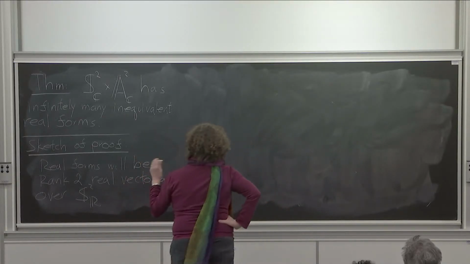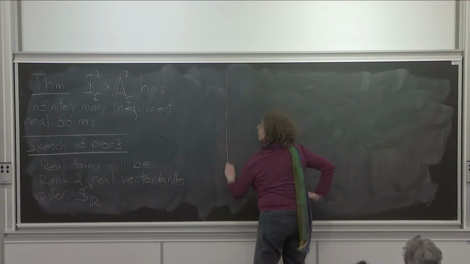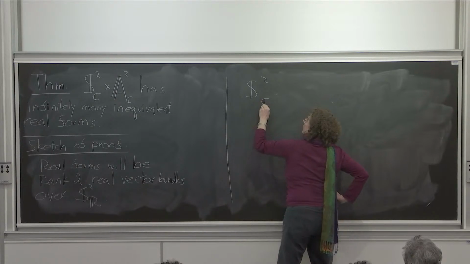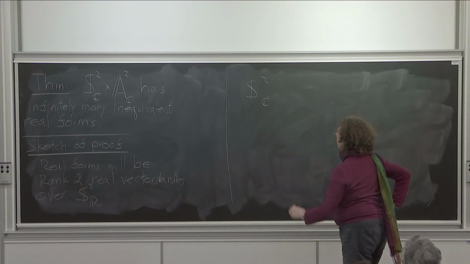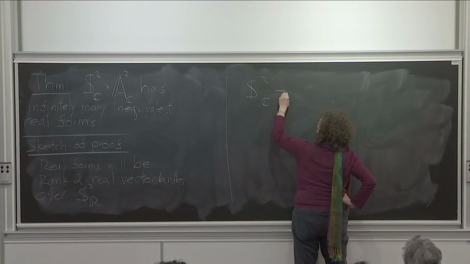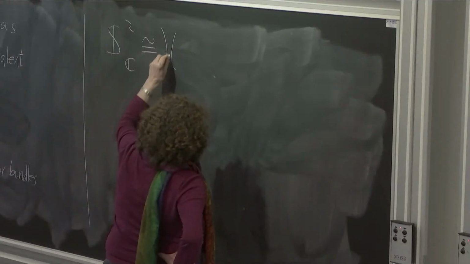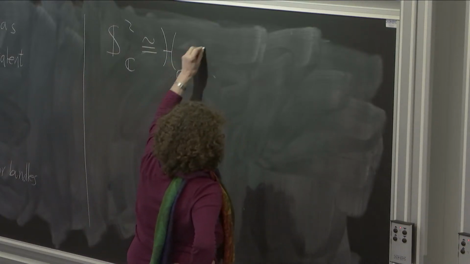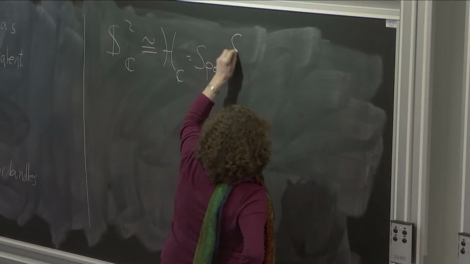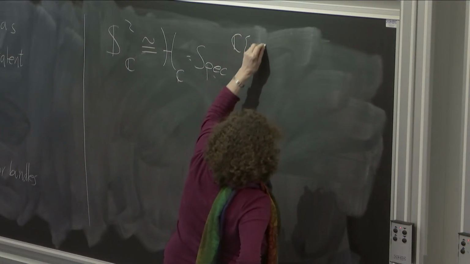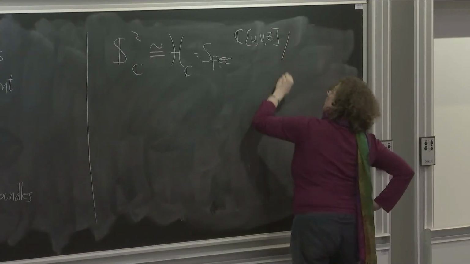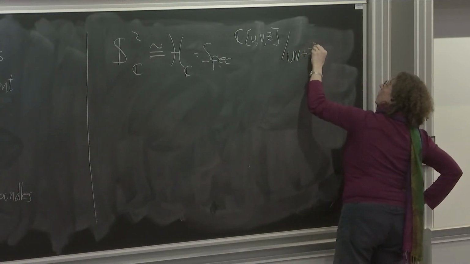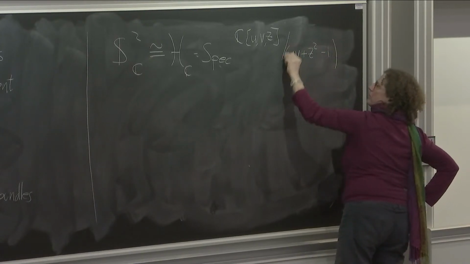Just for simplification, I'll remember that this variety is isomorphic to what I called HC yesterday. It's the spectrum of C[U,V,Z] such that UV plus Z squared minus 1 is 0.